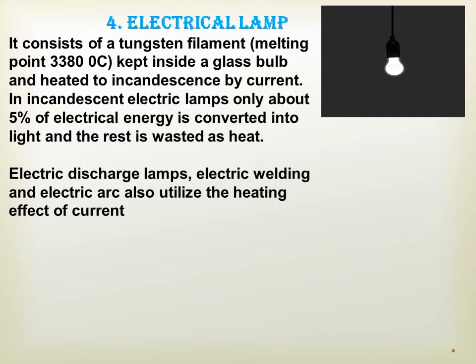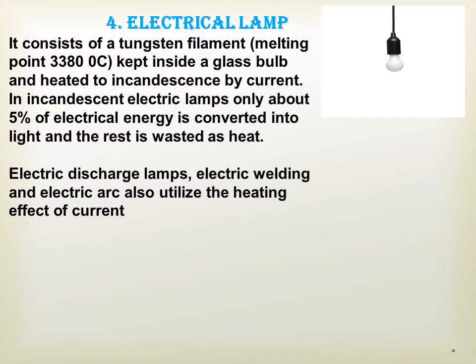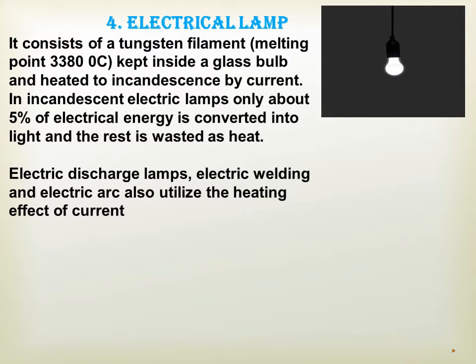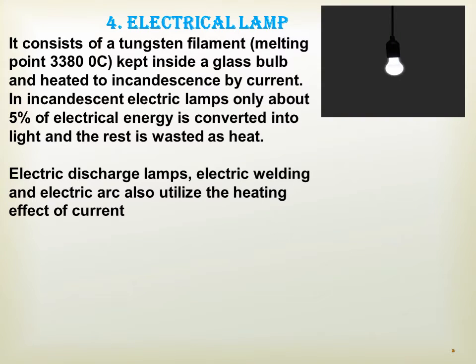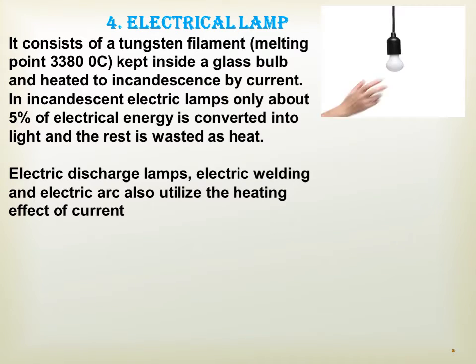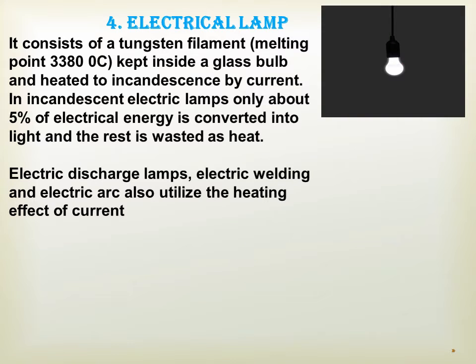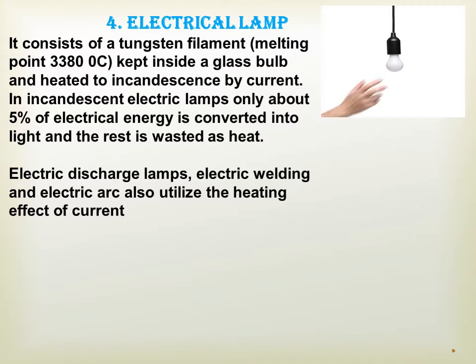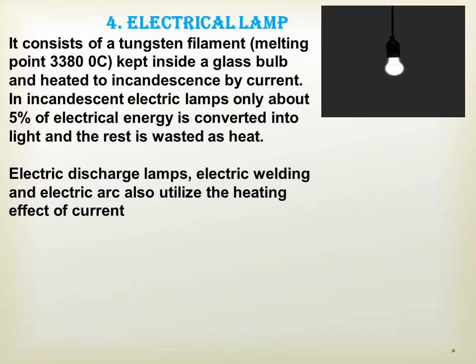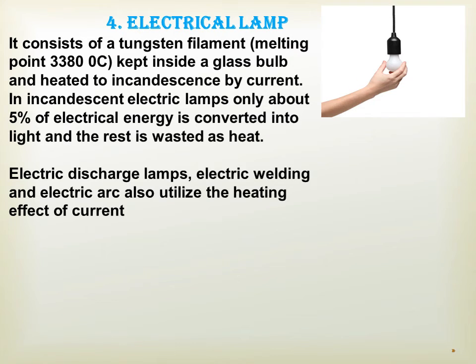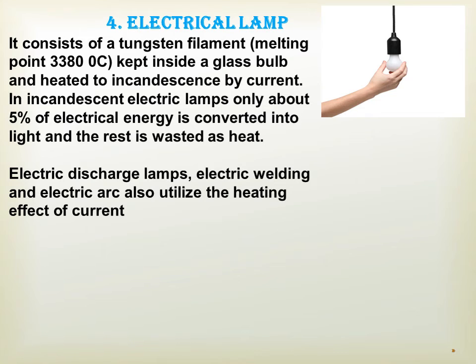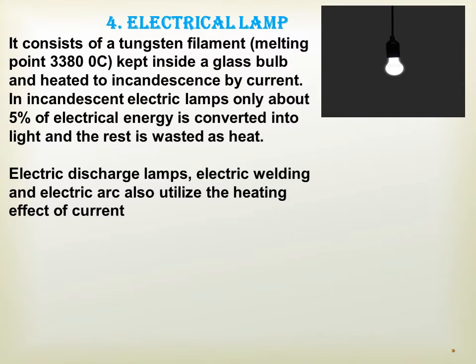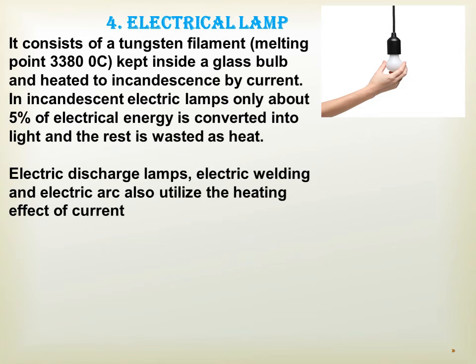In an incandescent electric lamp, only about 5% of electrical energy is converted into light and the rest is wasted as heat. That's why nowadays we use LED bulbs, not the former bulbs we used. We now replace all the bulbs with LED.